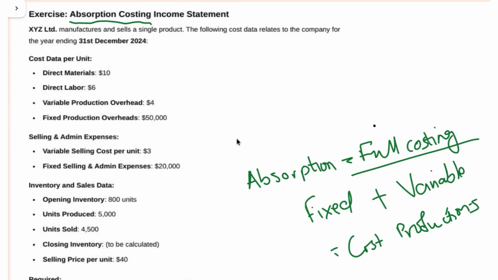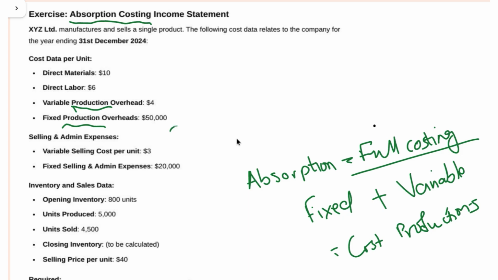Usually in questions you will have variable manufacturing overheads, or you could have fixed manufacturing overhead. Remember, when dealing with absorption costing, when calculating our cost of production, we have to include both variable and fixed overheads, only those that relate to the manufacturing part.